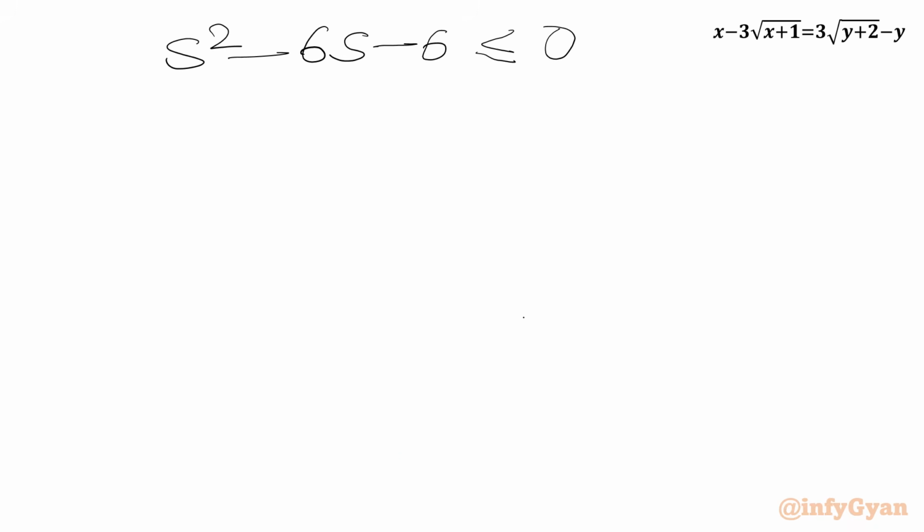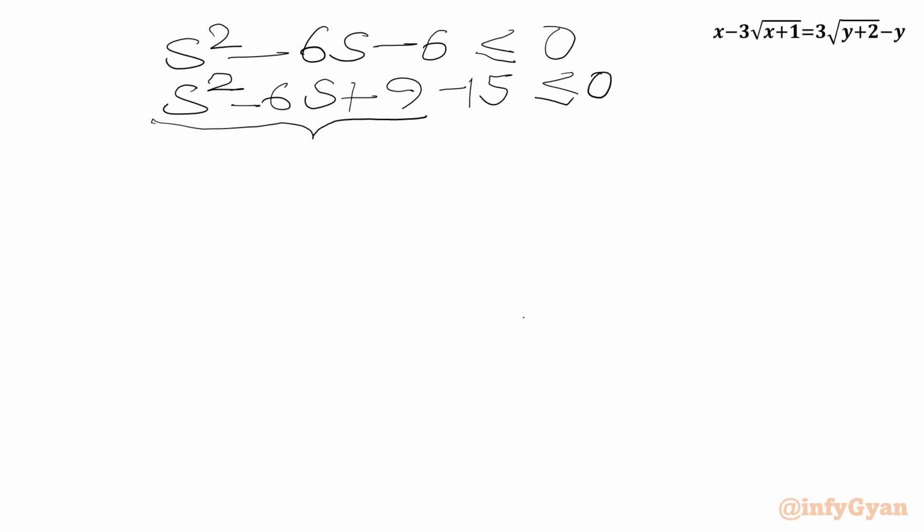Now we will factor LHS first. So we will write s square minus 6s minus 6 can be written as s square minus 6s plus 9 minus 15, less than or equal to 0. From these three terms, I can write this as s minus 3 whole square should be less than or equal to 15.